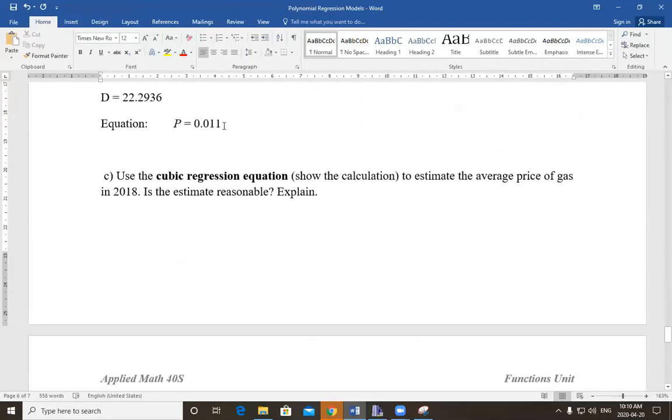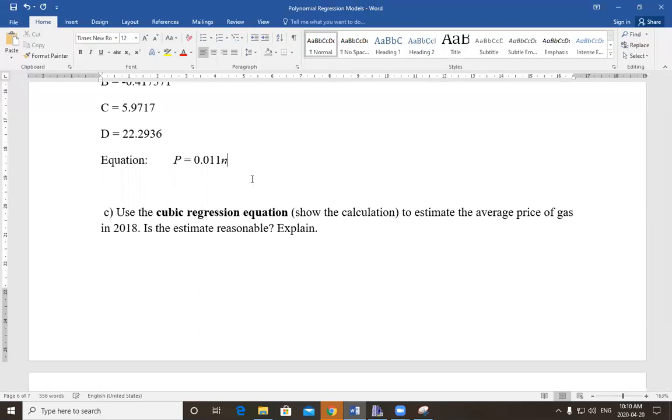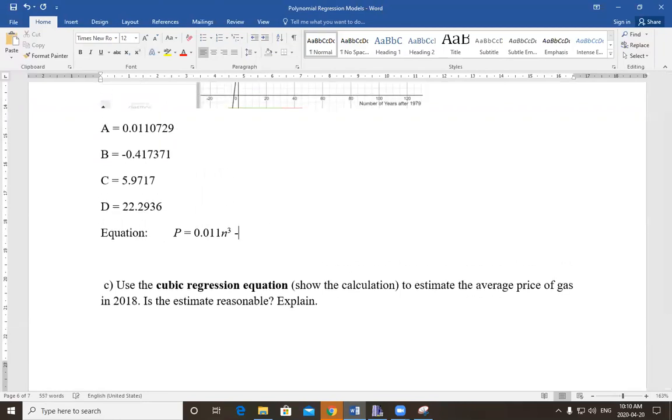So P equals 0.011 n cubed minus 0.417 n squared plus 5.972, we round the 1 up to a 2, n plus 22.294.